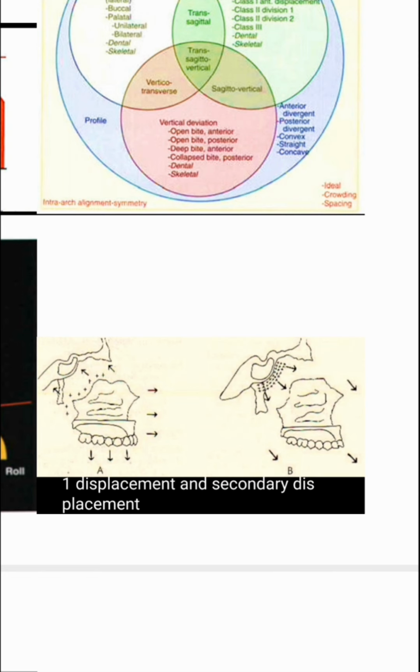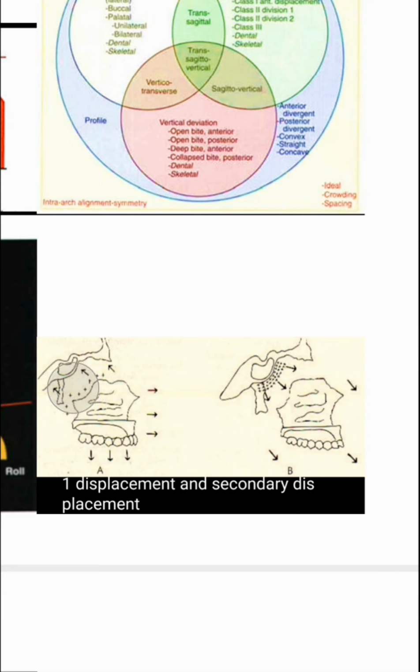Displacement. Displacement is the movement of the whole bone as a unit. Displacement is of two types: primary displacement and secondary displacement. Primary displacement: if bone gets displaced as a result of its own growth, it is called primary displacement.